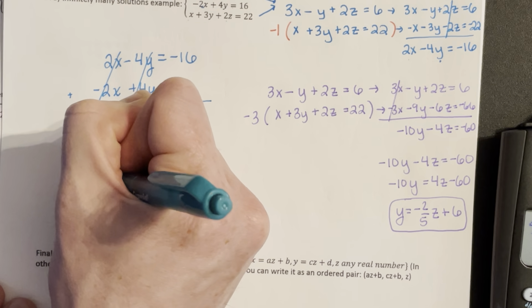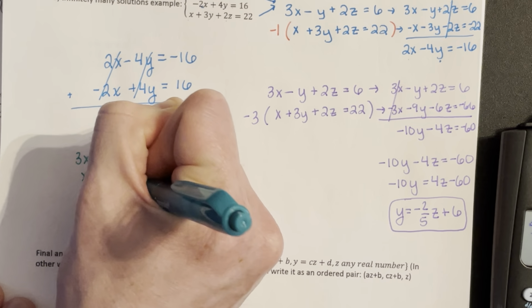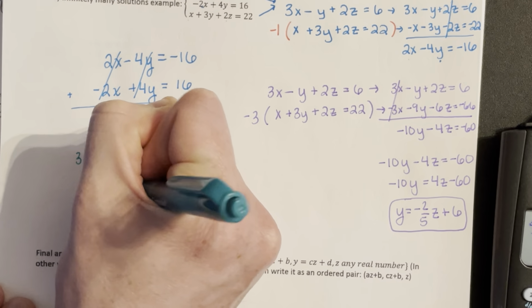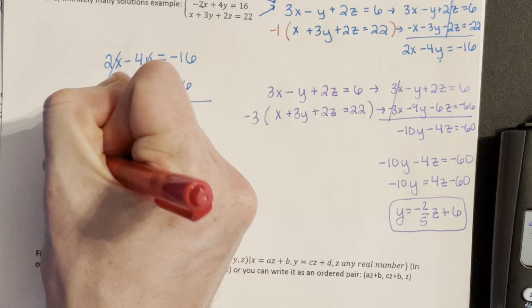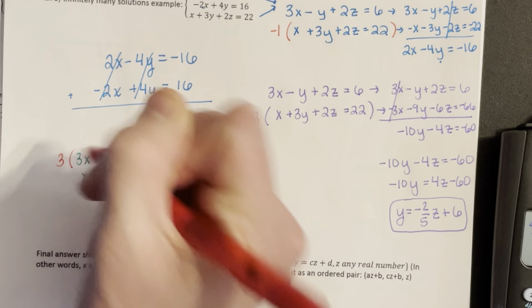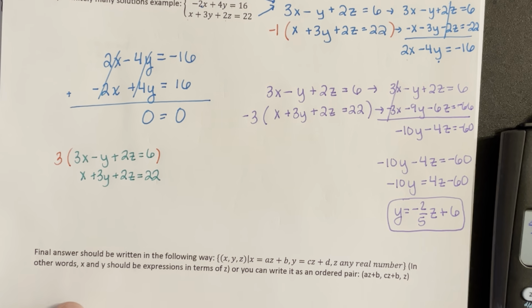We had x plus 3y plus 2z equals 22. We multiply the top one by 3, and that will get rid of our 3y's.